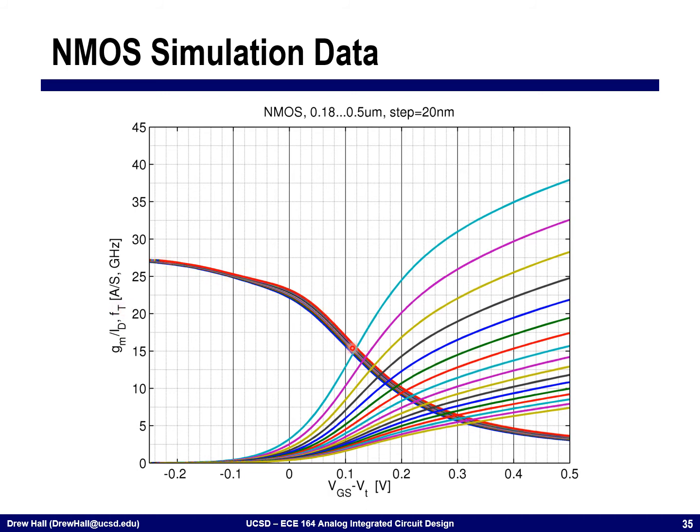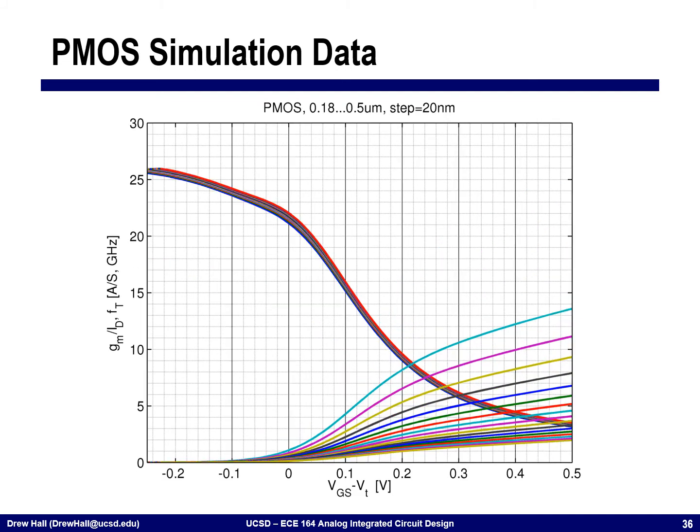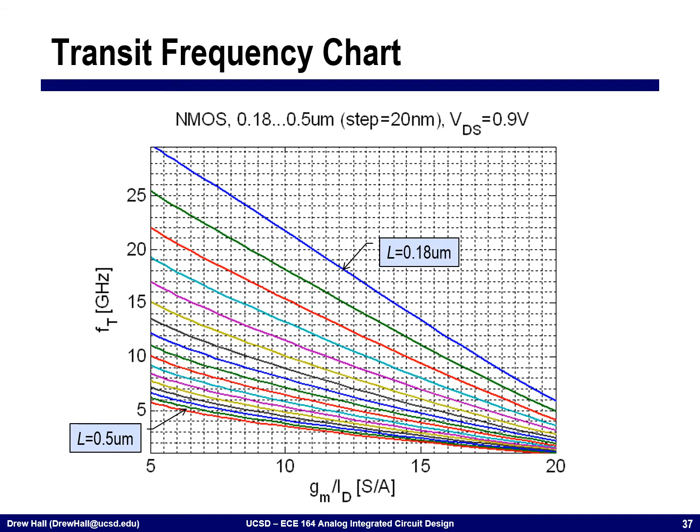So these are GM over ID, and these are our FT curves. If we repeat the same thing for PMOS curves, we sweep the device with exactly the same length steps. Again, GM over ID here, FT here. We can now take these and start to put them into the tables that we want to compute.